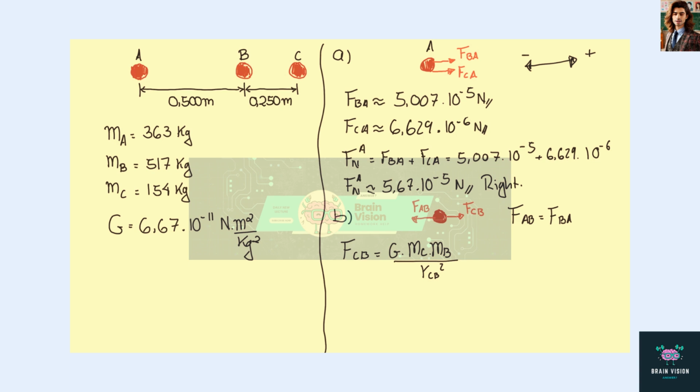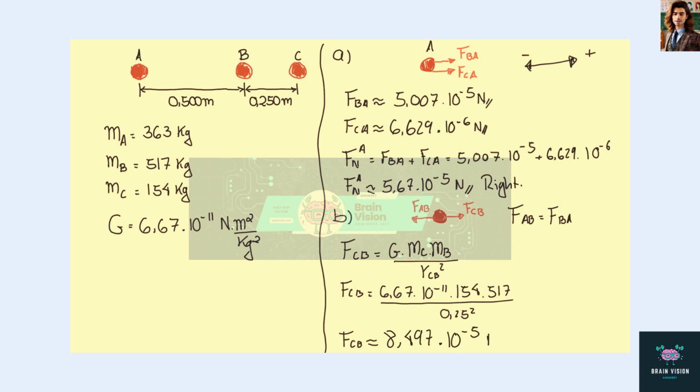So, by plugging in the other values given by the problem, we get FCB as being equal to 6.67 times 10 to minus 11 times 154 times 517 divided by 0.25 squared. And this gives us a gravitational force of a magnitude that is approximately 8.497 times 10 to minus 5 newtons.